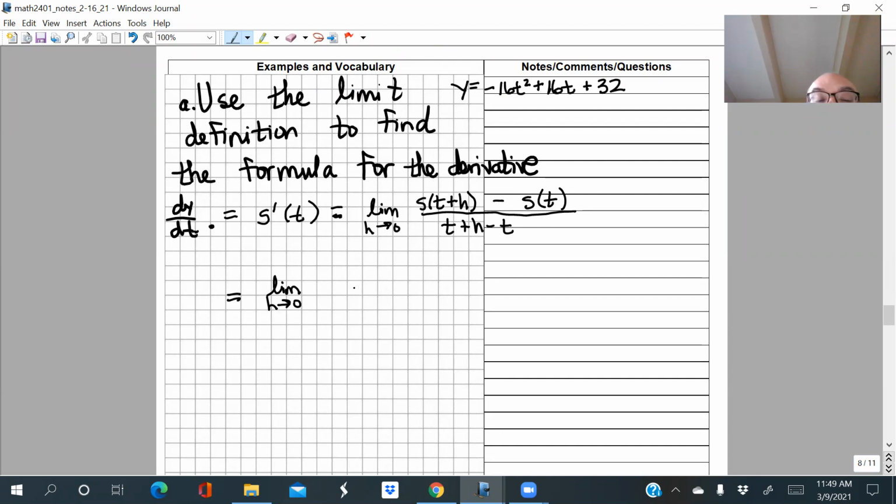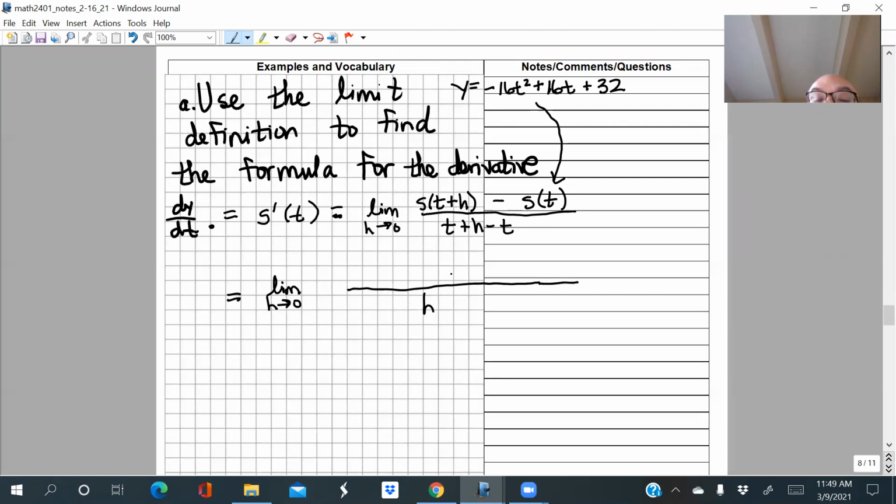Now, some of the calculations, though, are easy. So there's really not much work to do. Of course, the denominator is going to simplify to h, so that's easy. And then s of t, there's no work to do here because you know what the formula for s of t is, right? It's just the minus 16t squared plus 16t plus 32.